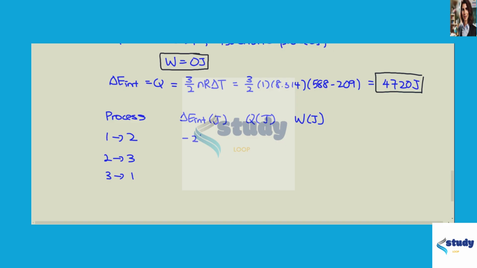So minus 2480, here we have 0, here we have 2480. Then for 2 to 3 we have negative 2240, negative 3730, negative 1490. And for 3 to 1, delta E internal is 4720 and Q is 4720. And W is 0.